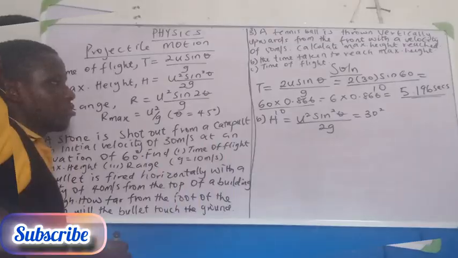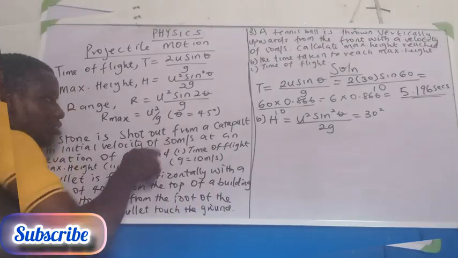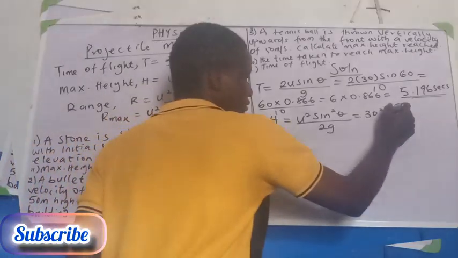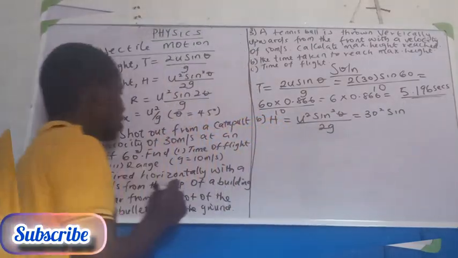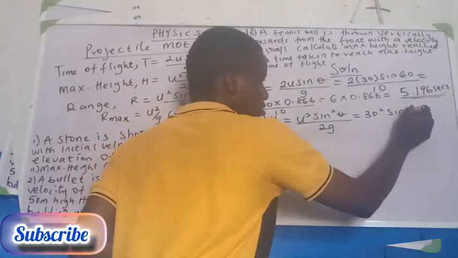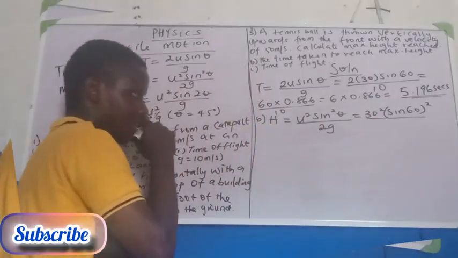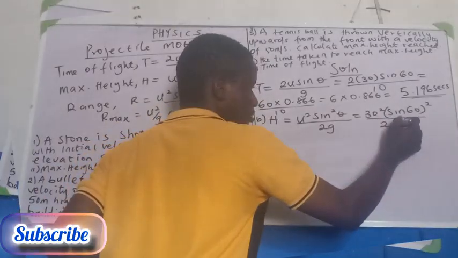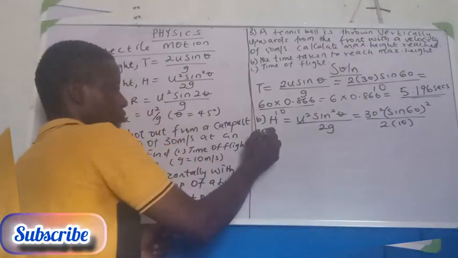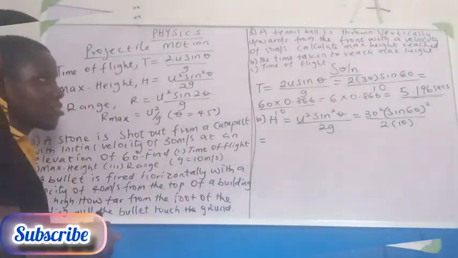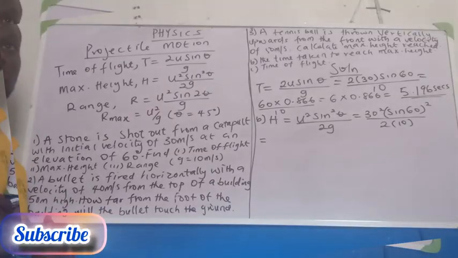The initial velocity u is what? 30. 30 squared, sine squared of theta, with theta being 60. And g is 10. Sine 60 is the same thing as root 3 over 2.